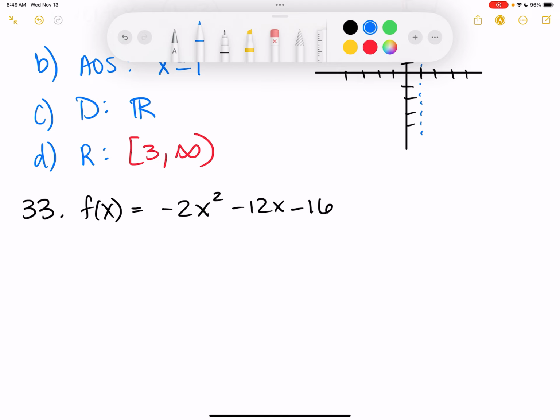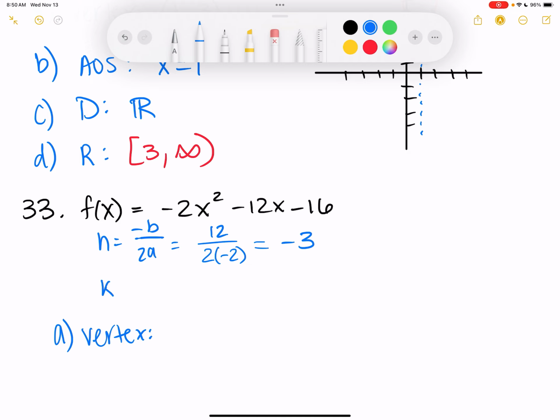I need to find my vertex. To do that, I need to use the minus b over 2a to find the x coordinate. So h equals minus b over 2a. b is negative 12, so that's going to end up being a positive 12 on top over 2 times negative 2. 12 divided by negative 4 is negative 3.